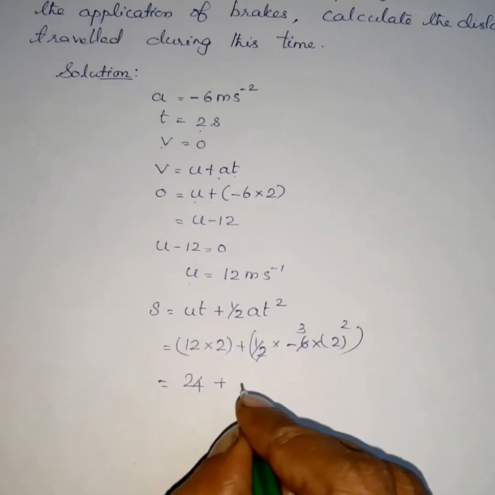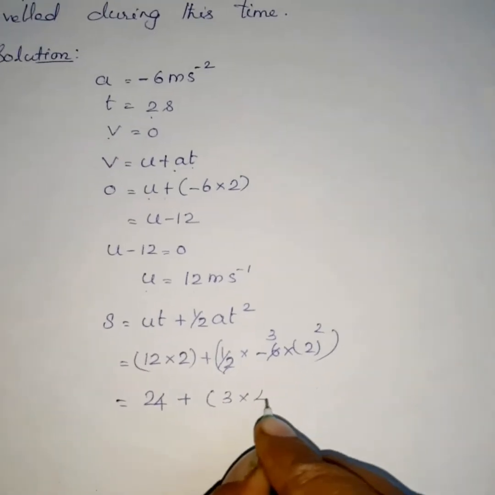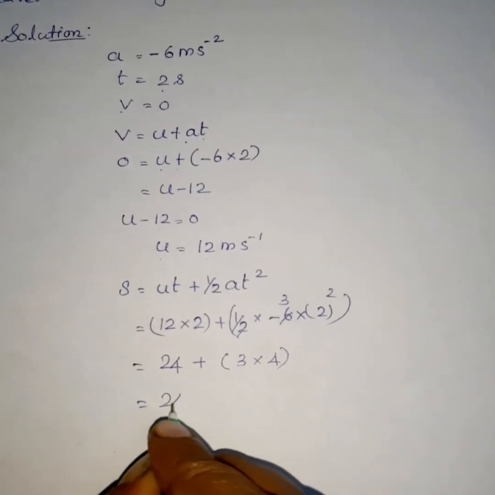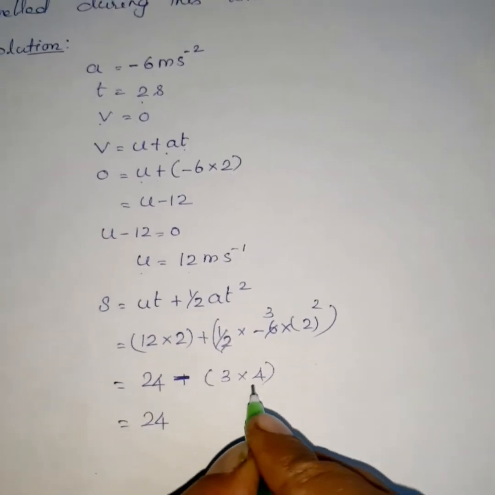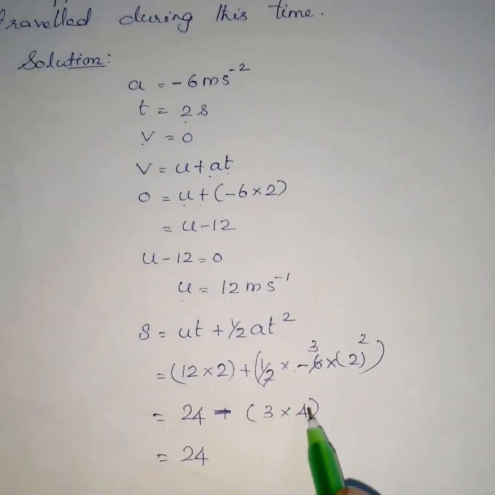So here 3 into 2, 2 2s are 4, equal to 24 minus 3 into 4.